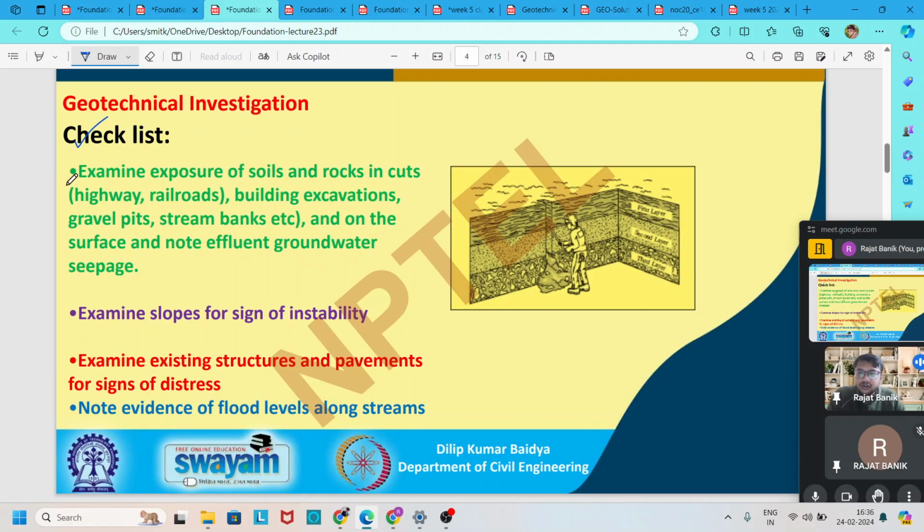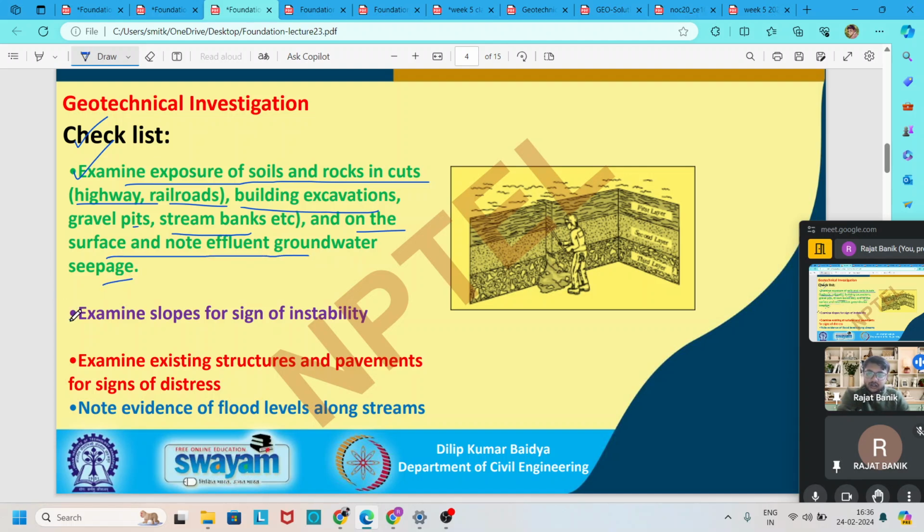When experienced professionals visit the site, they have to examine the exposure of soil and rock in cuts like highway roads, then also building excavations, gravel pits, stream banks, and on the surface, and note any influent groundwater seepage.